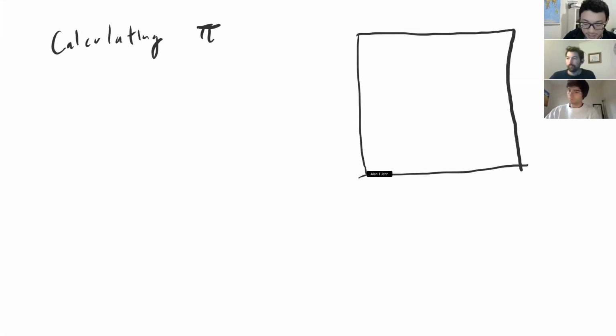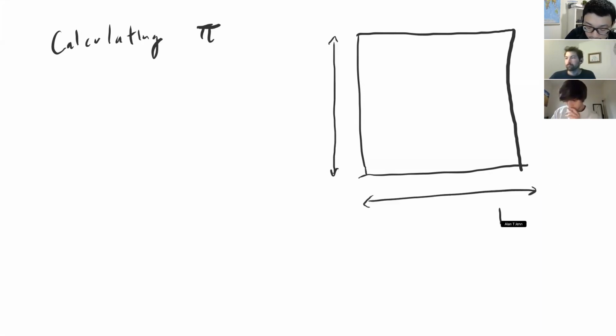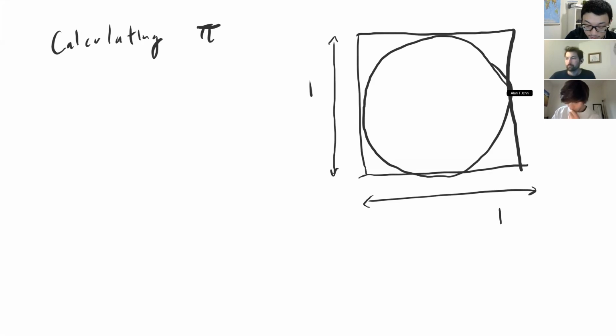That wasn't much better, but that's all right. Okay, so let's draw a square, and let's just say that the length and width are equal to 1. And then let's draw a terrible circle. I'm a lot better at doing this on the whiteboard.